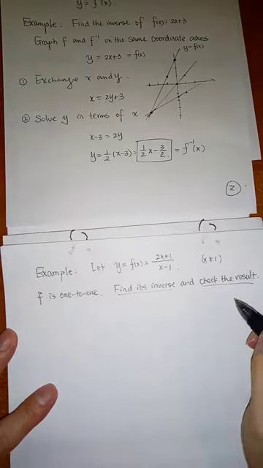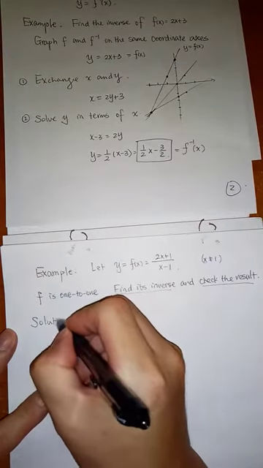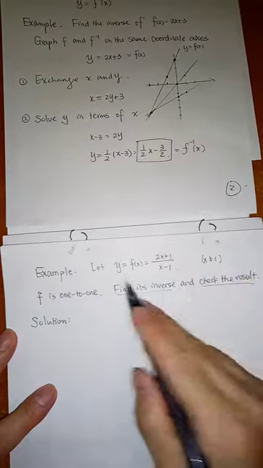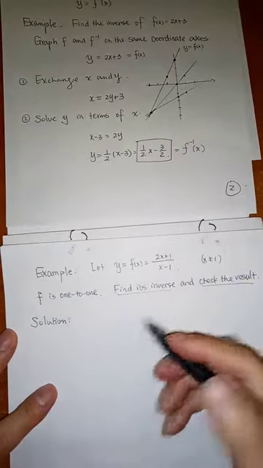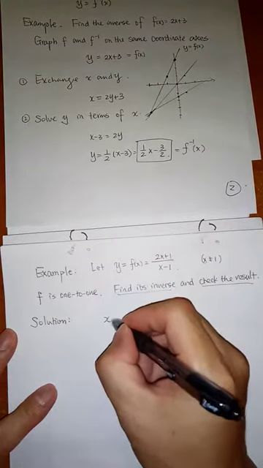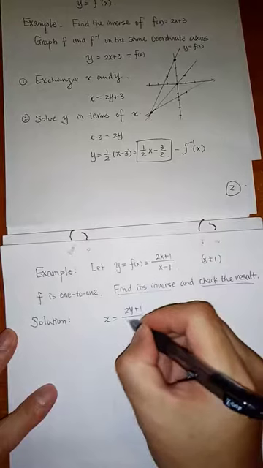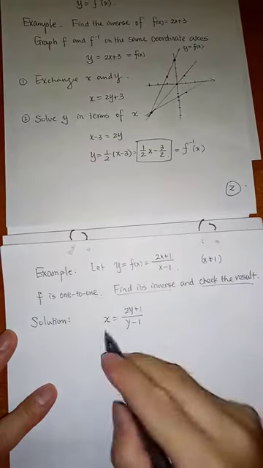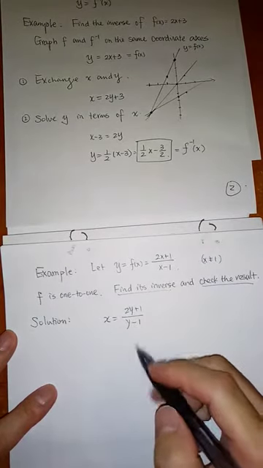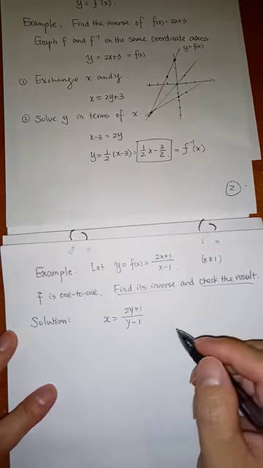Second, check the result. To find the inverse, we have two steps, remember. First, you exchange x and y. So you get x is (2y plus 1) over (y minus 1). So this is the exchange step. And second step, you solve y in terms of x.